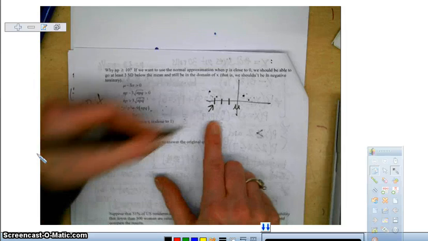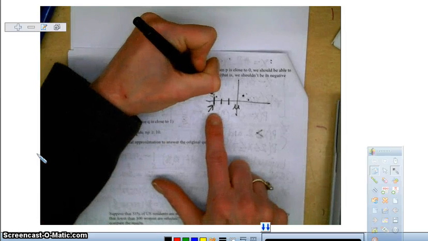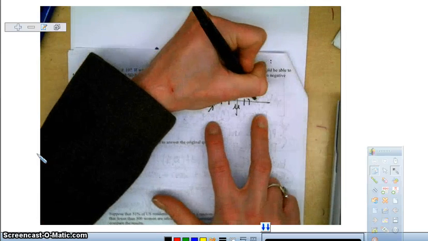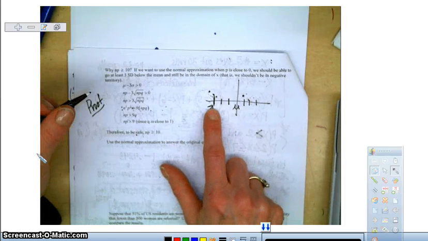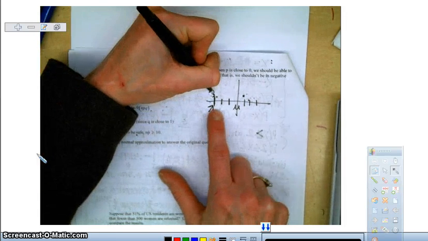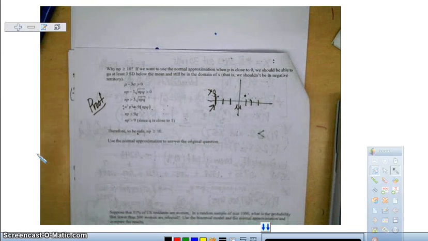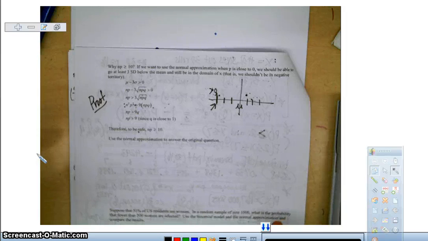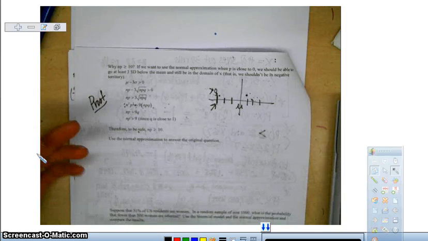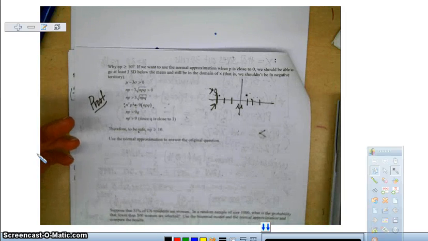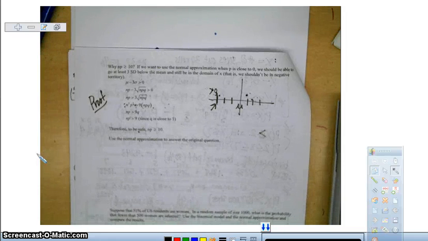No. So this third standard deviation below should still be greater than 0, shouldn't it? Because you can't physically get a negative number of 6s. So basically we're just saying, in order for this to be reasonable to use a normal model, it could potentially have negative values, right?